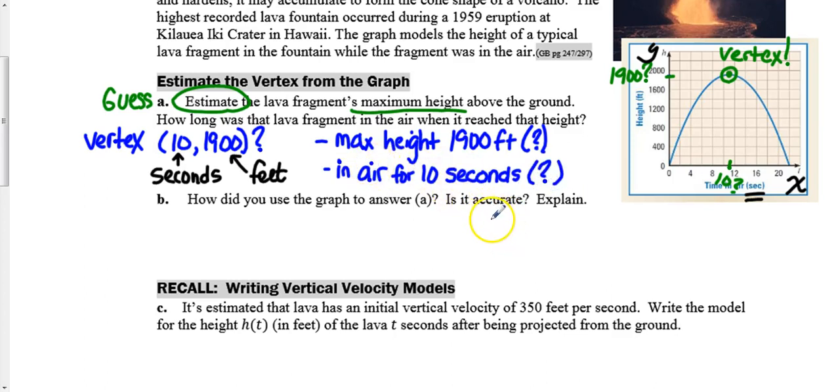So now how do we put into words what we just did? Part B says, how did you use the graph to answer part A? Is it accurate? How did we get this point? If you had to put it into your own words how you identified this point on the graph, what would you say?